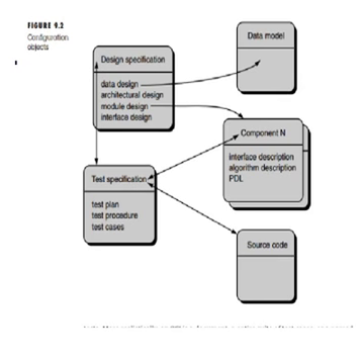A curved arrow indicates a compositional relation, that is, data model and component N are part of the object design specification. A double-headed straight arrow indicates an interrelationship.